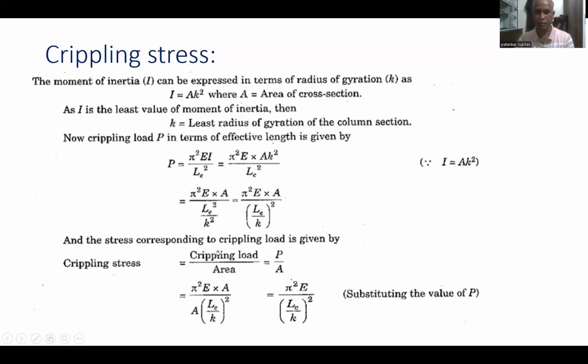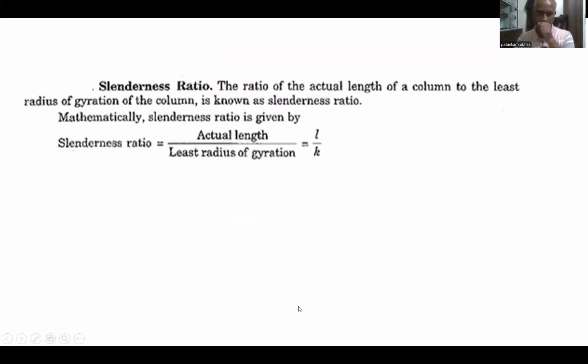The stress corresponding to the crippling load is given by stress equal to load divided by area, of course compressive load divided by area. And this P is pi square EA divided by Le by K whole square. So A will vanish, and we get the crippling stress, that is the maximum stress, equal to pi square E divided by Le by K whole square. Okay, this is the crippling stress.